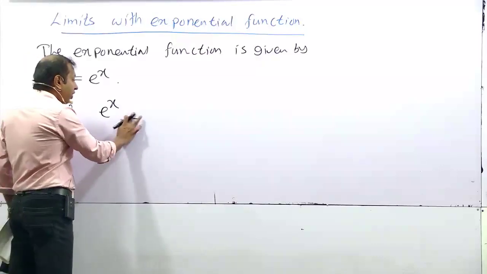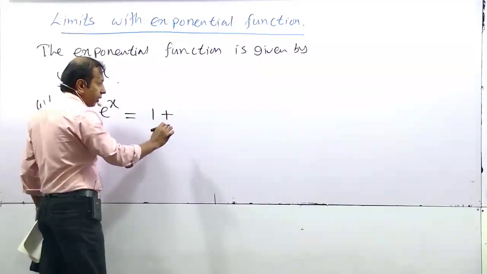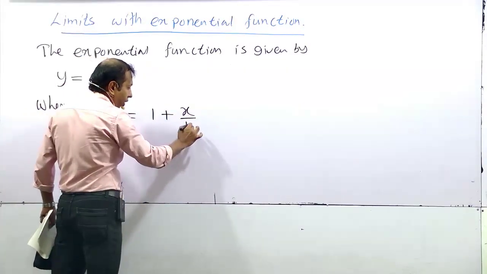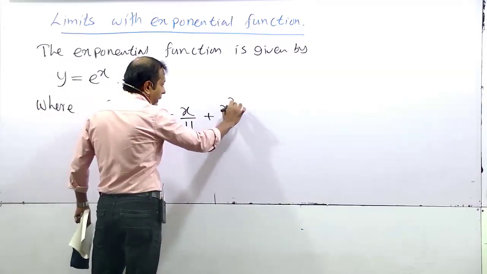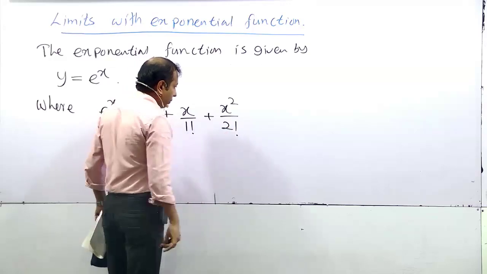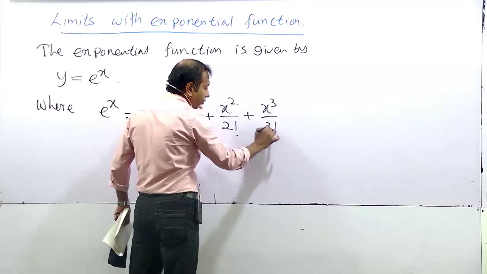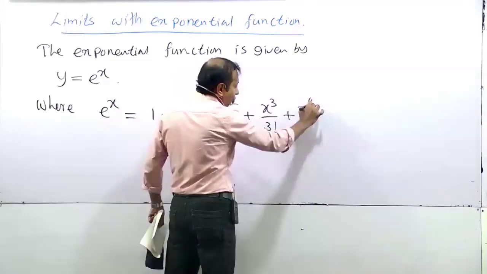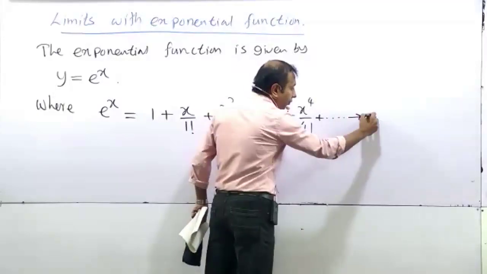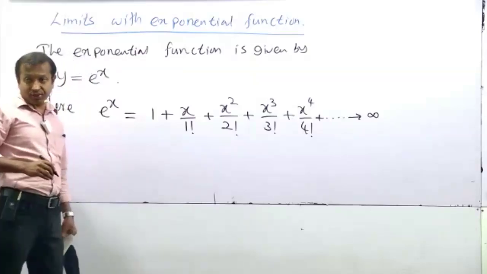We define e^x like this: 1 plus x over 1 factorial, plus x squared over 2 factorial, plus x cubed over 3 factorial, and so on, up to infinity. This is how we define the exponential function e^x.